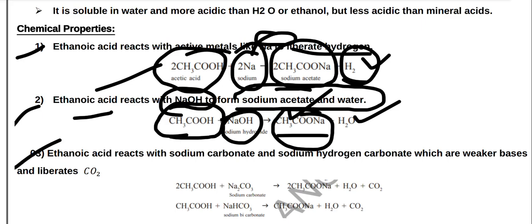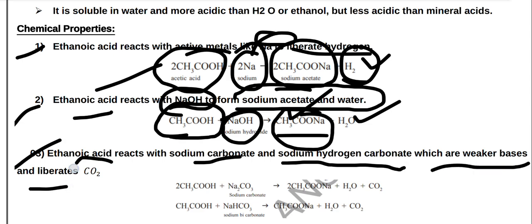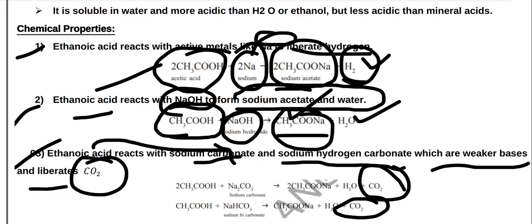Ethanoic acid reacts with sodium carbonate and sodium hydrogen carbonate, which are weaker bases, and liberates carbon dioxide. When acid is reacting with carbonates or bicarbonates, carbon dioxide gas comes out. You can see here CH3COOH plus sodium carbonate.